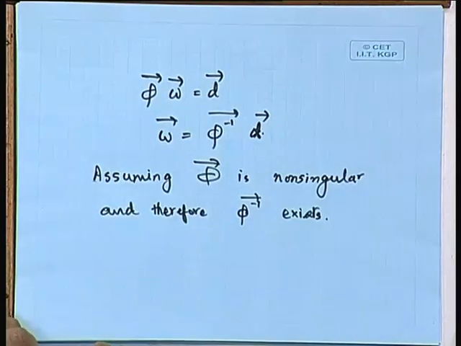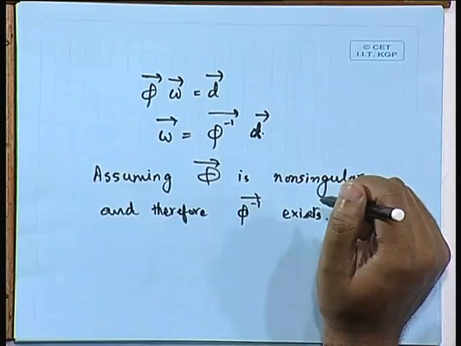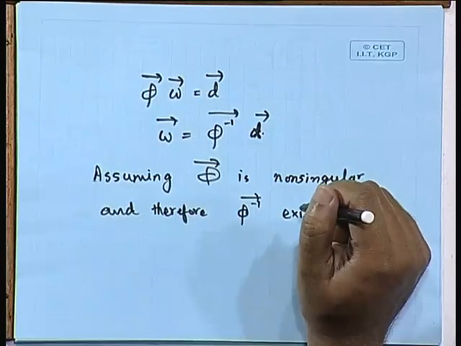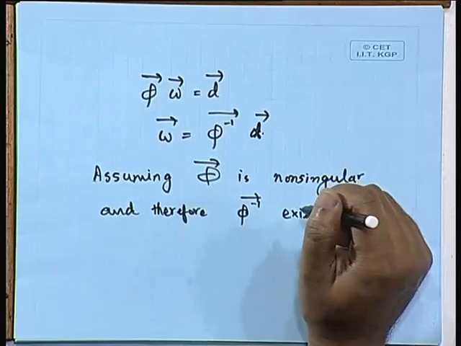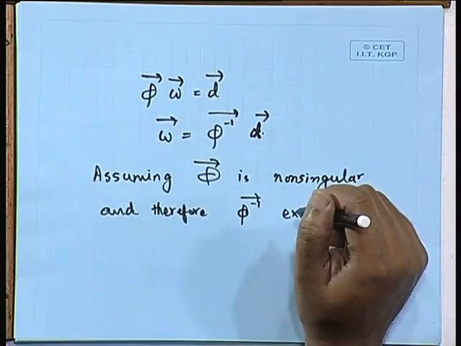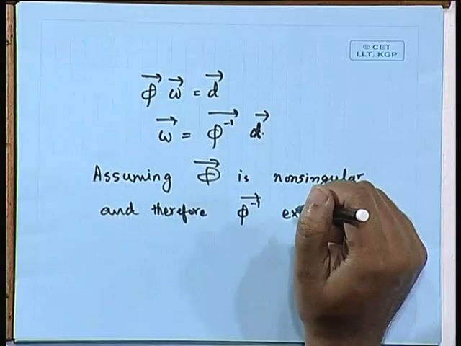Now, this is a very important question: how do we assure that phi is non-singular? In recent years, a good amount of work has been done related to radial basis functions, and there are some typical functions which have been found to be non-singular.